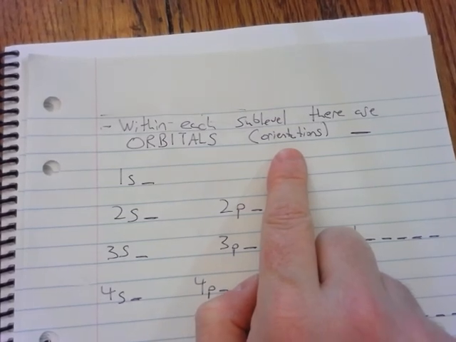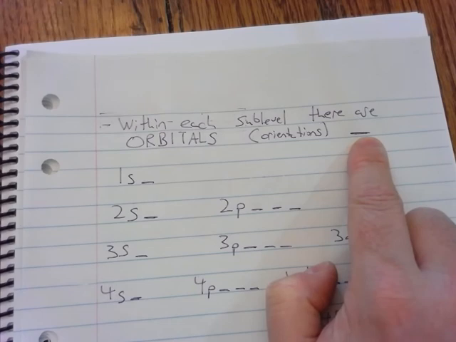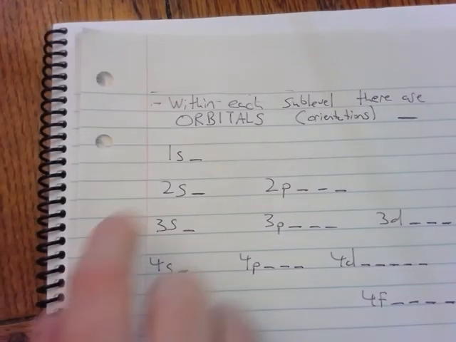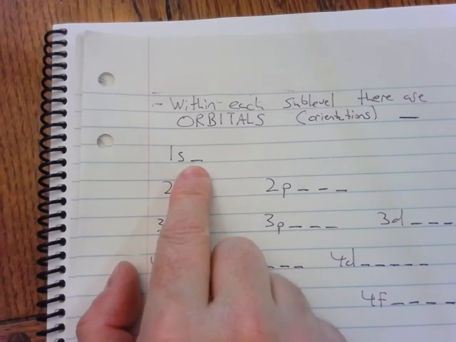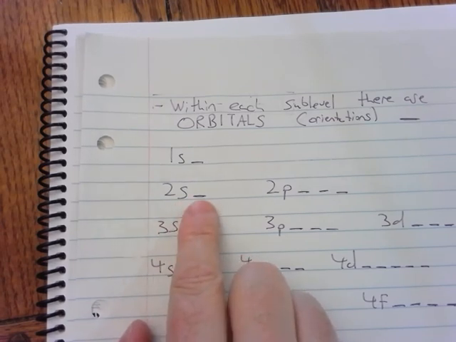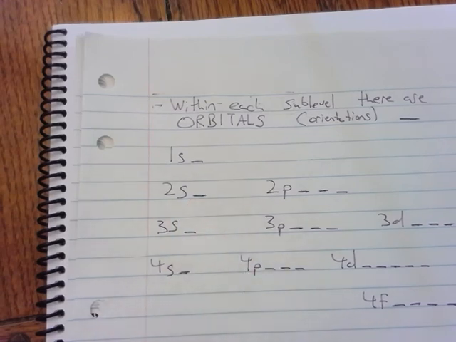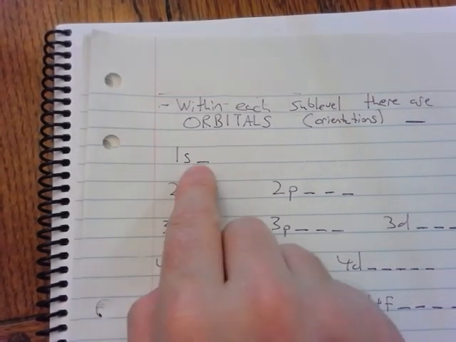And I'm going to signify an orientation with just a simple line. So starting with the 1s sublevel, there's only one orientation or one orbital where you're going to find electrons. The 2s has also one orientation or one orbital. And the same is true for any other s, a 3s, a 4s, all the way up to 7s. They only have one orbital.